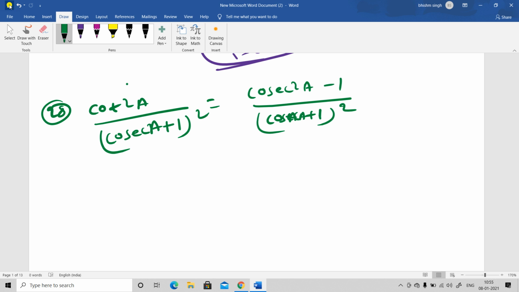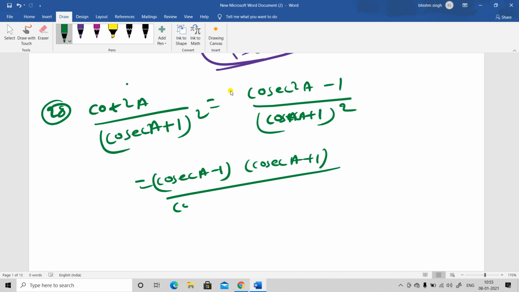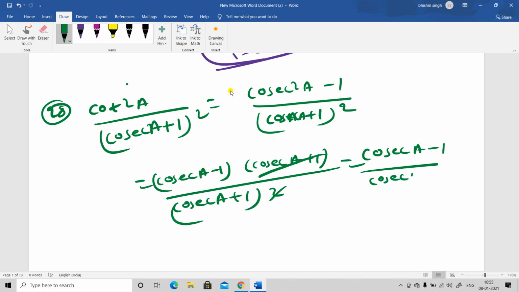Now I will break this again: (cosec A minus 1)(cosec A plus 1), divided by (cosec A plus 1) whole square. One factor cancels, leaving (cosec A minus 1) divided by (cosec A plus 1).